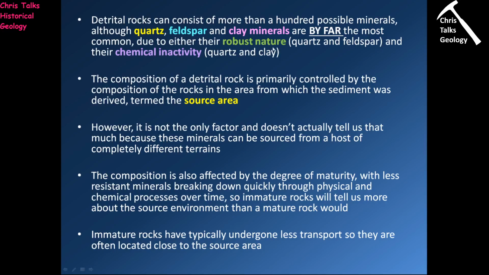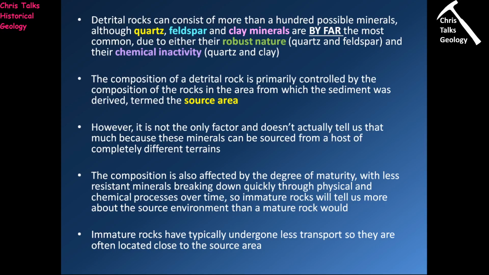First of all, they are robust, so they're physically strong. Quartz and feldspar are tough minerals. And so that means as your sediment gets transported, the soft minerals get destroyed and they're lost. However, the quartz and the feldspar will persist over time. So as the weak minerals get removed, your sediment becomes more and more rich in minerals like quartz and feldspar.